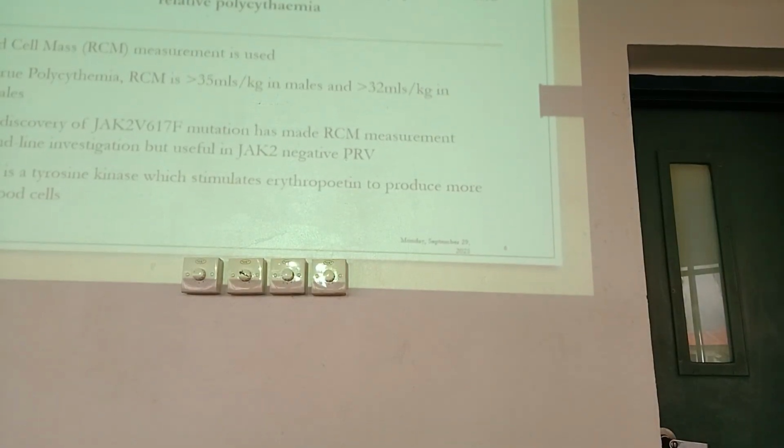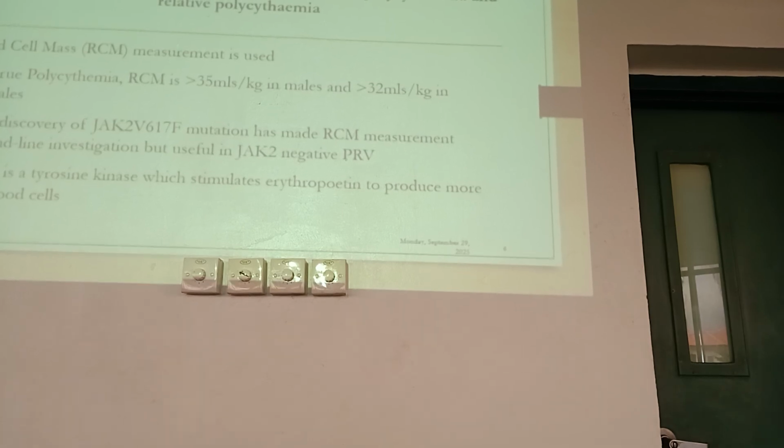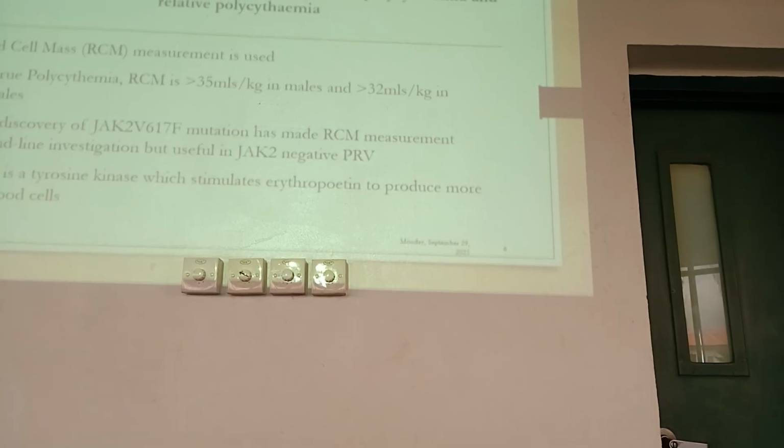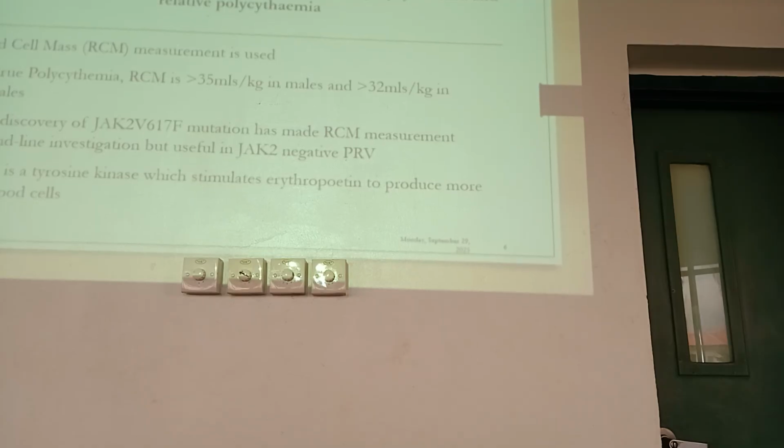we don't do it again. The discovery of this Janus kinase 2 has made the use of red cell mass old fashioned, because you don't want to be injecting radioactive substances in humans because of the risk of secondary malignancy.